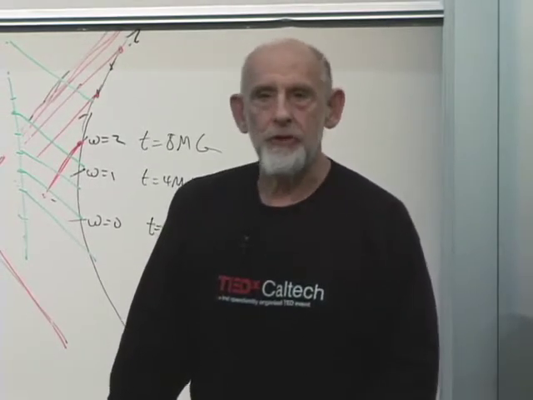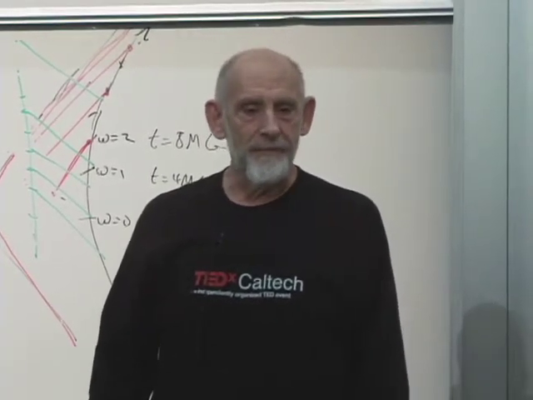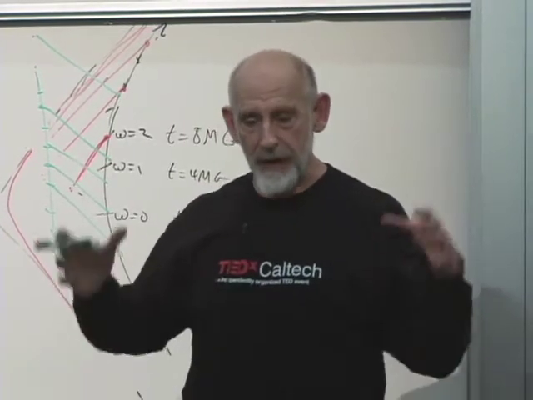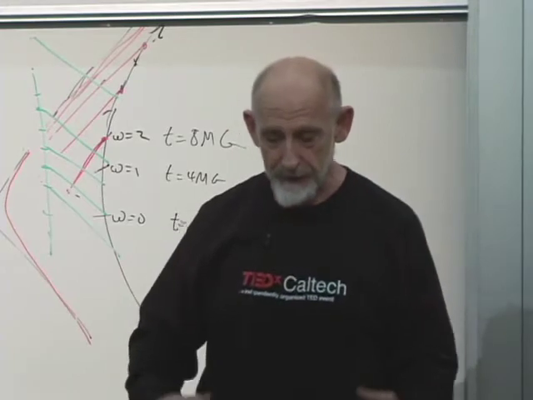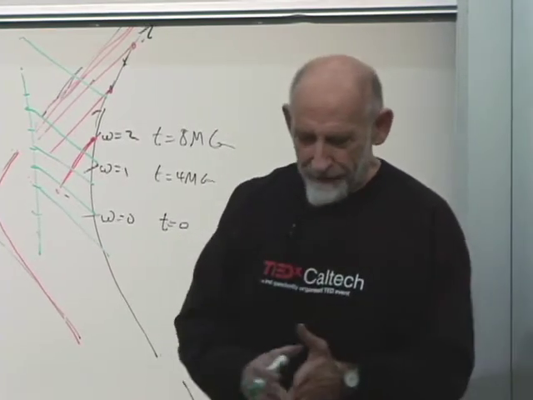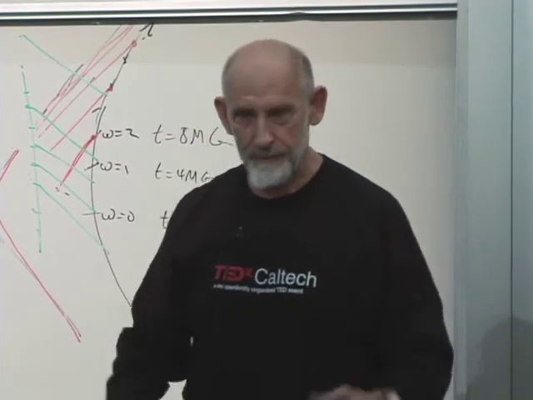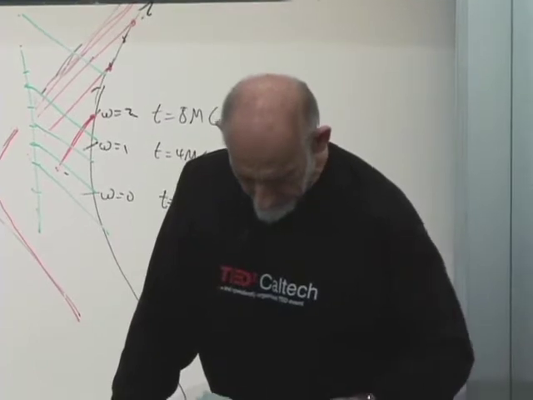Virtual gravitons you can just think of as the units of gravitational field which make up the static gravitational field of a stationary object. They don't have to escape from the black hole. They're there. Okay.